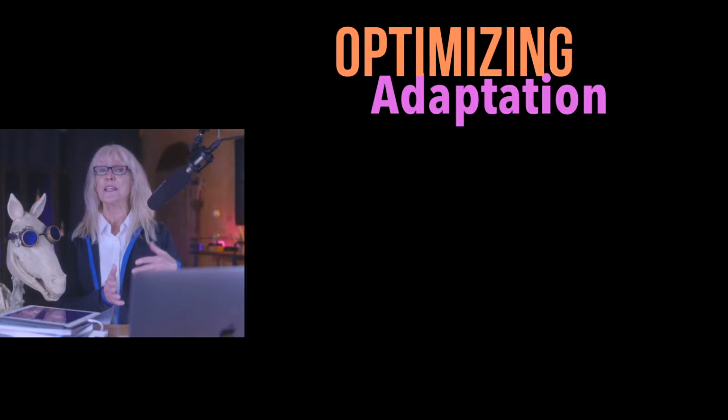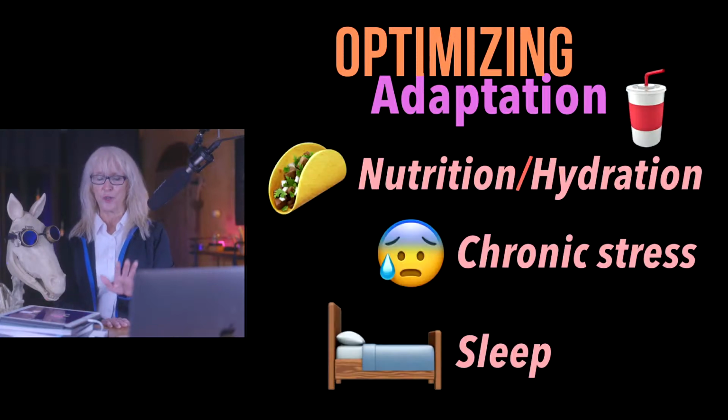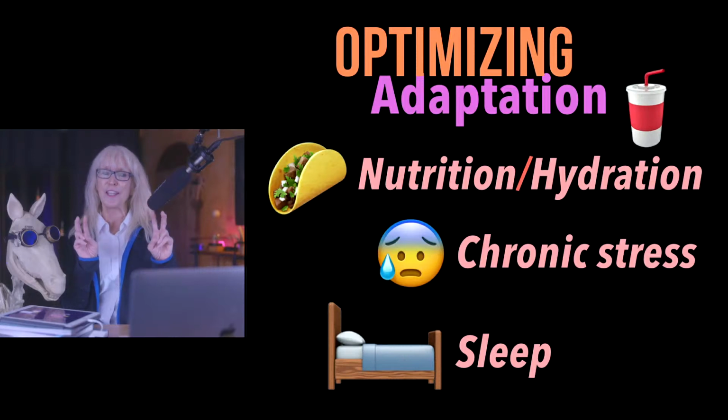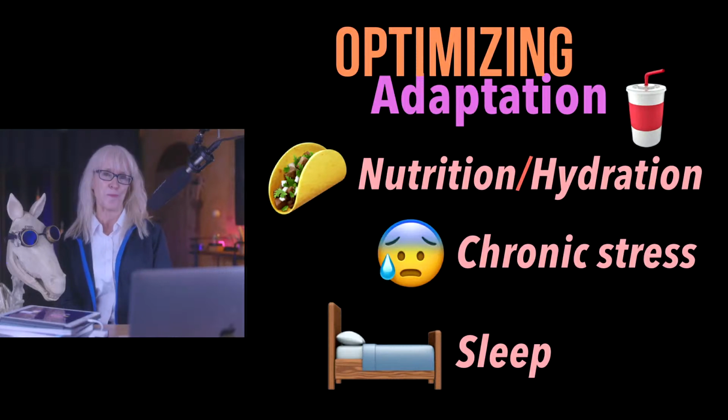We want the body, when it's asleep, to be able to make the changes that we have provoked from our activities. Even though I don't think I need to tell you all this, it is so important, and this is the low-hanging fruit for movement optimization.